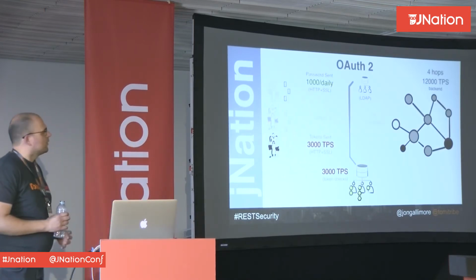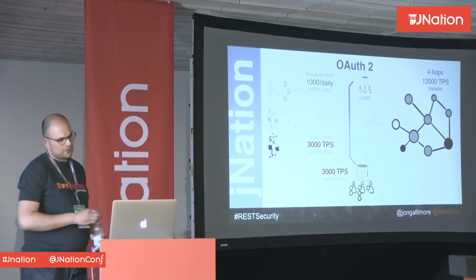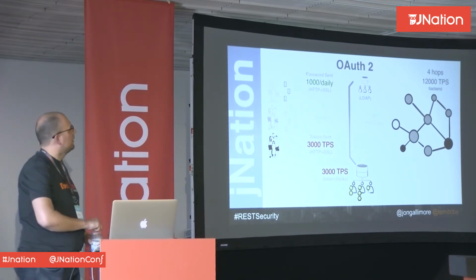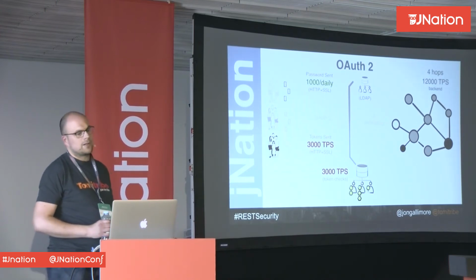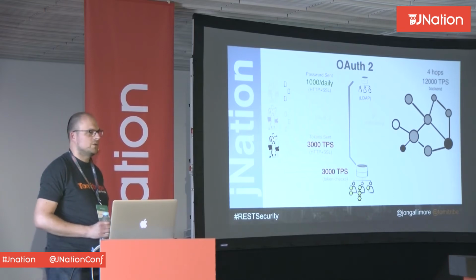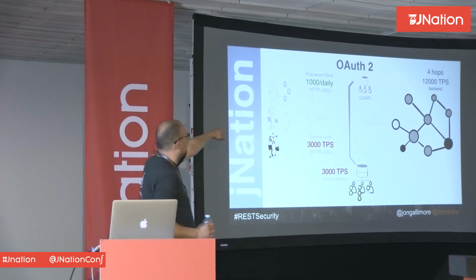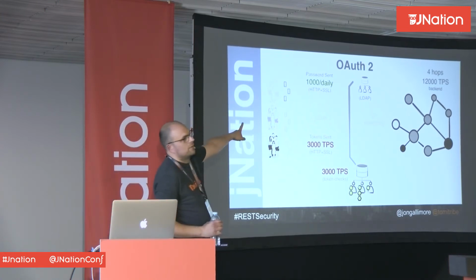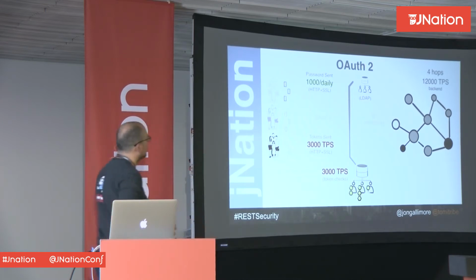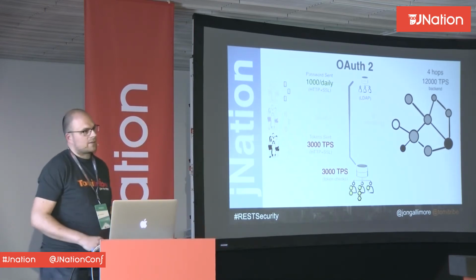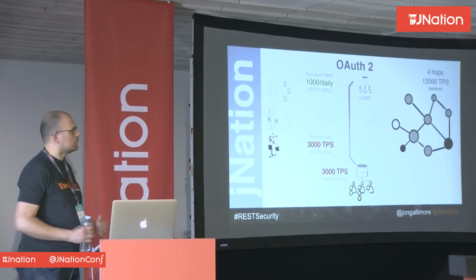Okay. So if we take a look at this in our architecture, we're making a few assumptions here. So the first assumption that we've got is that we're going to ask our users to log in every day, and we're going to issue a new access token to them. So right at the very top, we've got 1,000 requests coming in to do our actual login, and they're going to be validated against LDAP. And then that access token is then going to be used for all of the calls during the day.